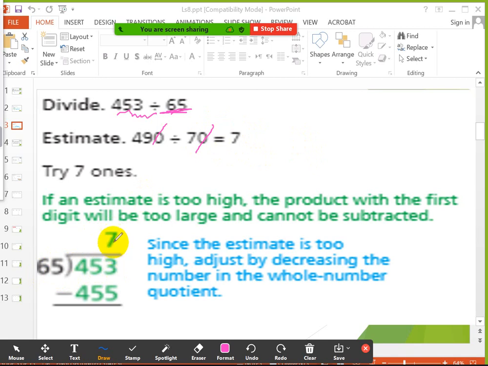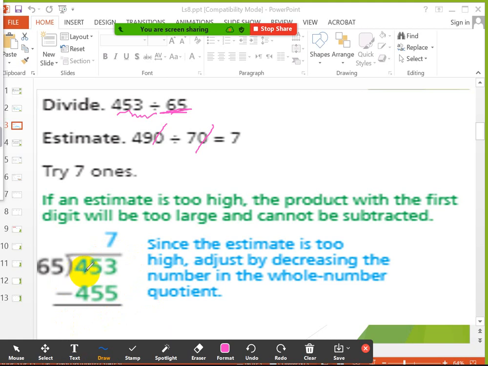So if you try 7 and multiply it with 65, the answer for this multiplication, look, 455. Can I subtract this number from 453? No, I can't, of course. Why? Because this number is greater than the dividend. I can't subtract it from it.